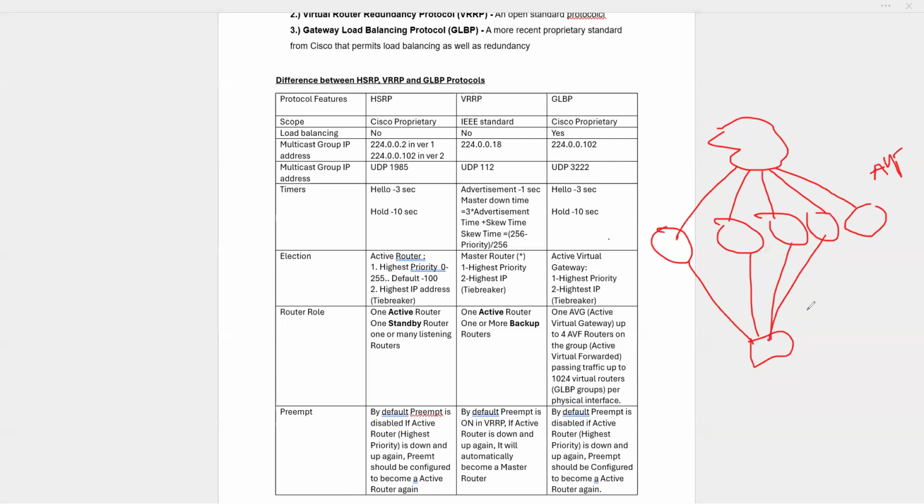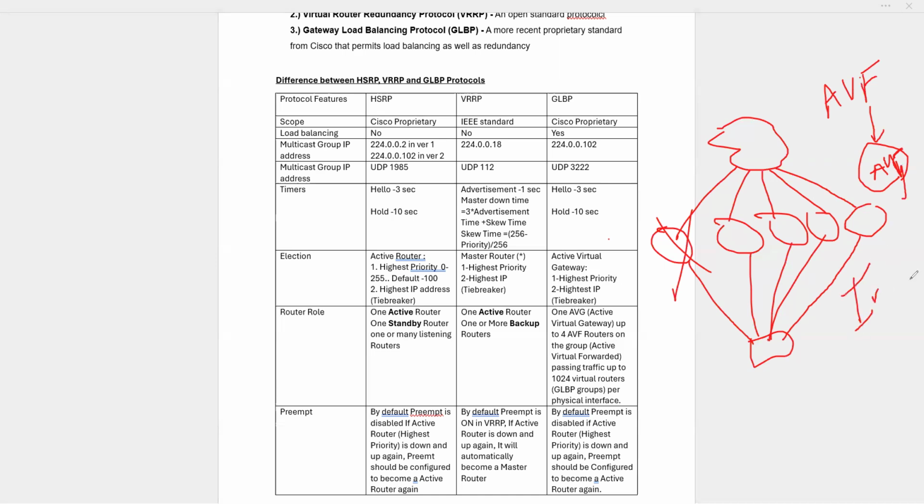If a fifth one is there and one of them goes down, the AVF will become an AVG. We can achieve load balancing up to 4. If you want to increase, yes, you can increase. No issue.